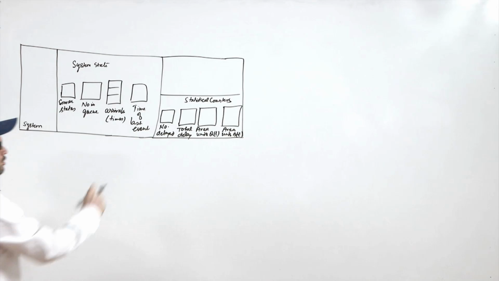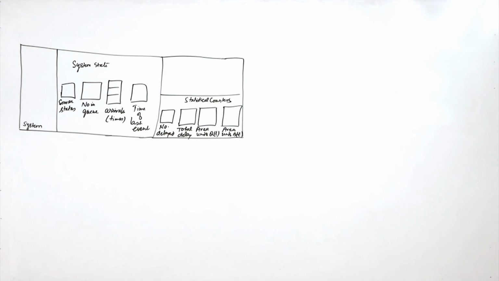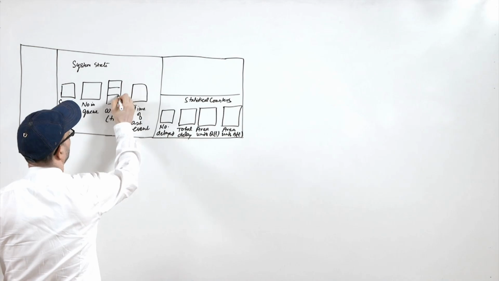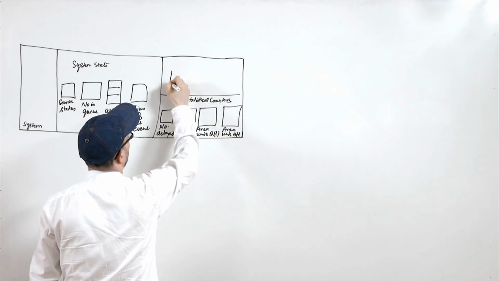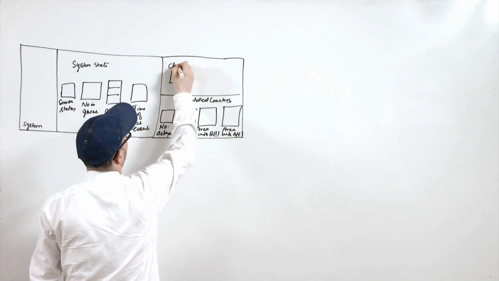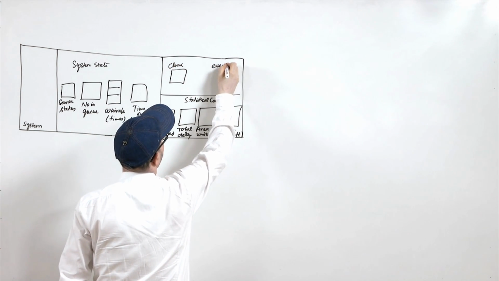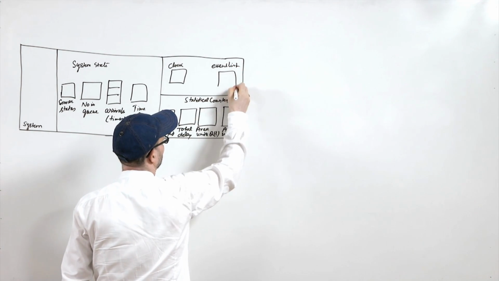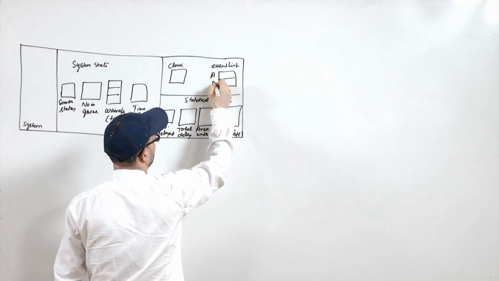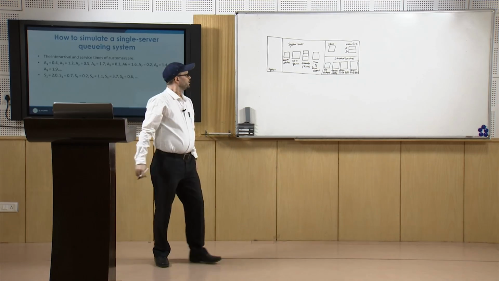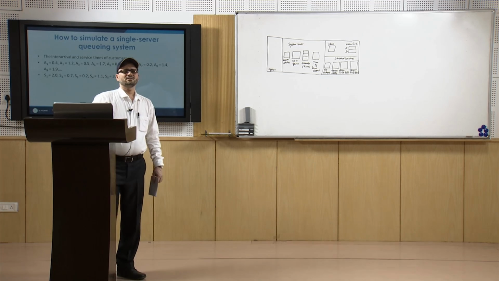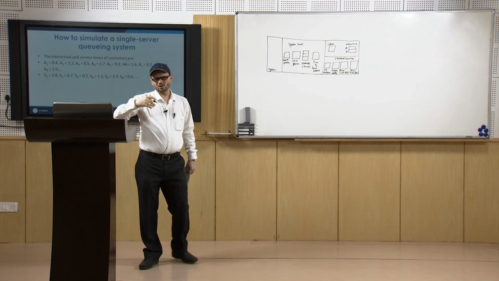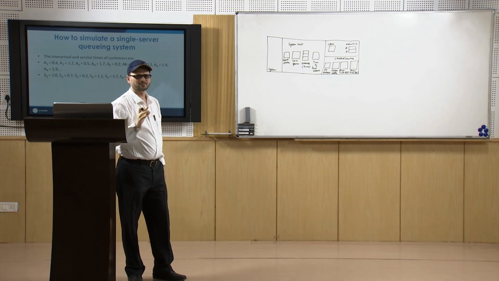We found this QT and BT curve in the previous lecture, so from there you directly get how the computer represents it. Then you have one clock and another is the event list. In the event list you will have two events basically, one is arrival and another is departure.